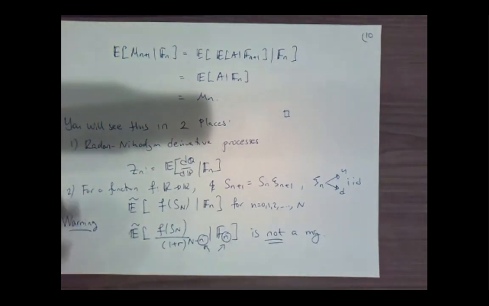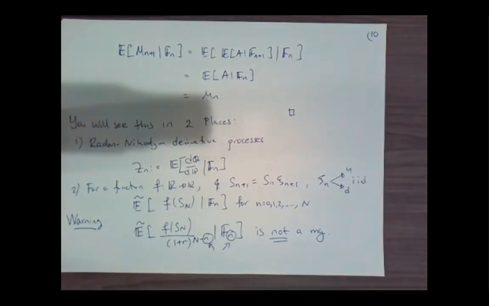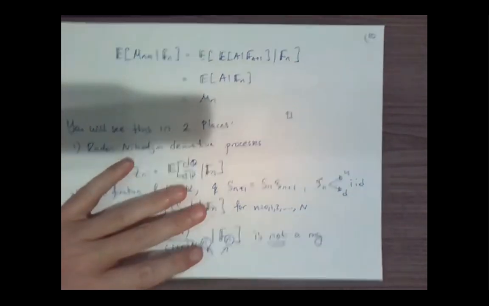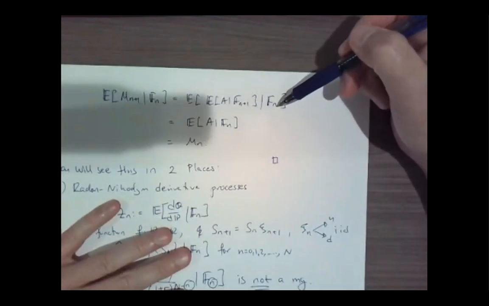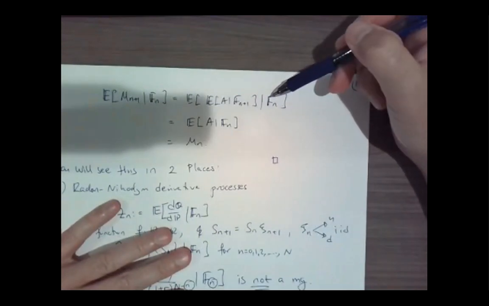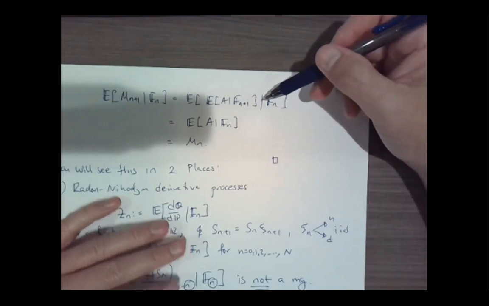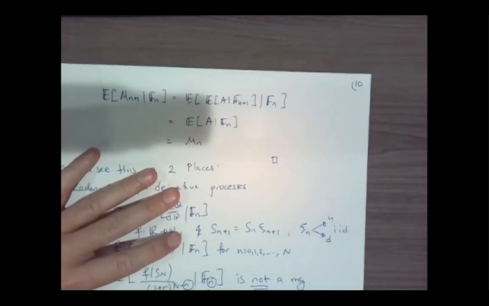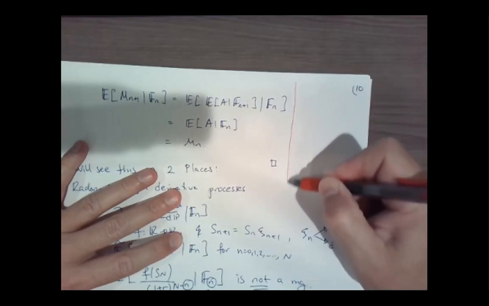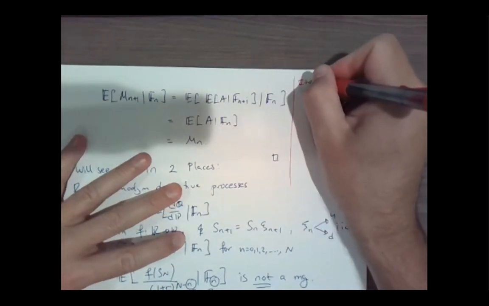Oh, I have one thing. Remember when you said like the smaller term wins with the filtration? Can you explain that more explicitly again? So here what we're using is iterated expectations.